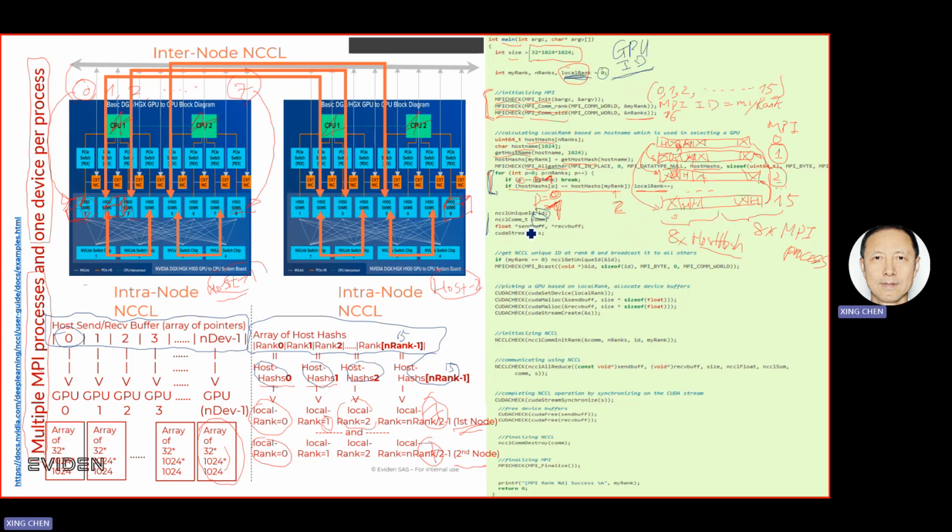And these are the send buffer and receive buffer, which are pointers, and then you need to declare another variable called stream. Now we just omit this stream. Just remember that stream is something related to GPU computing. When you offload your workload to the GPUs, you need to tell the GPU the stream.